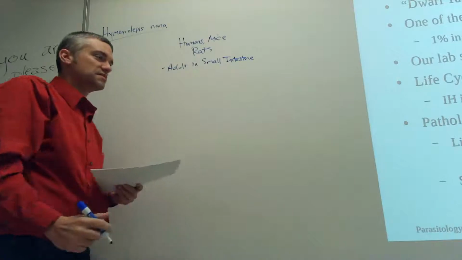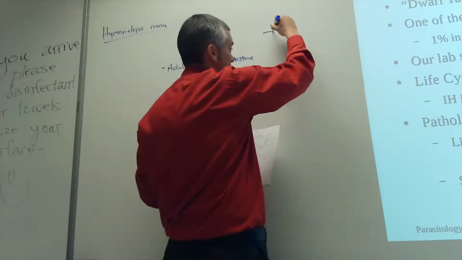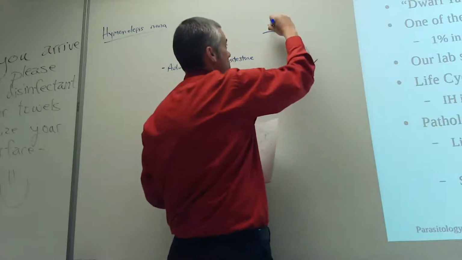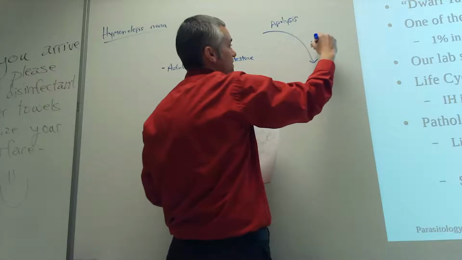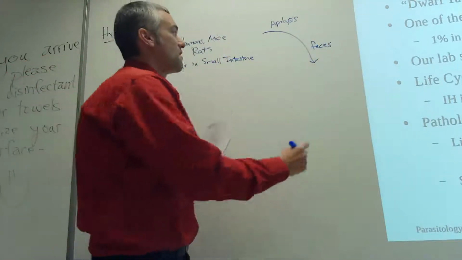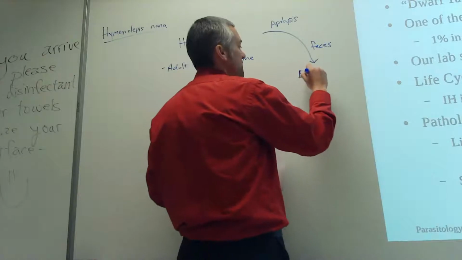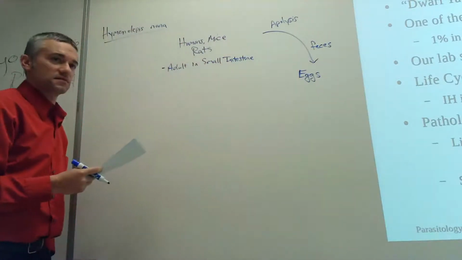Adults are in the small intestine, where the proglottids will get released. So, apolysis. They will rupture, break apart on their way out, so that it's the eggs that get released in the feces.